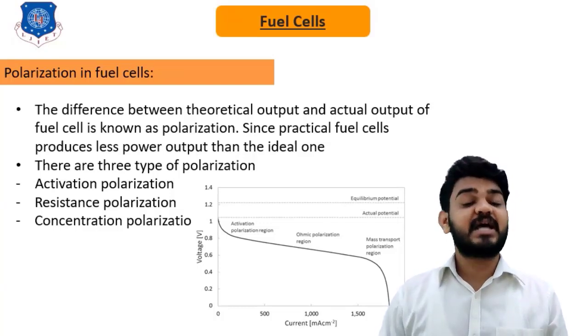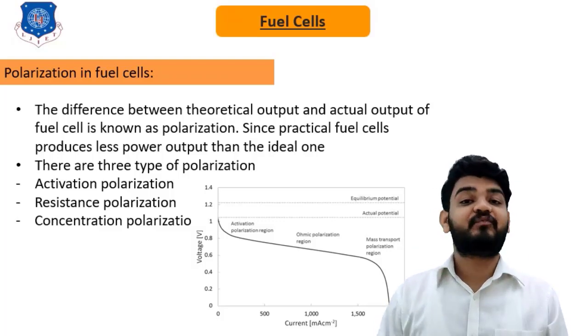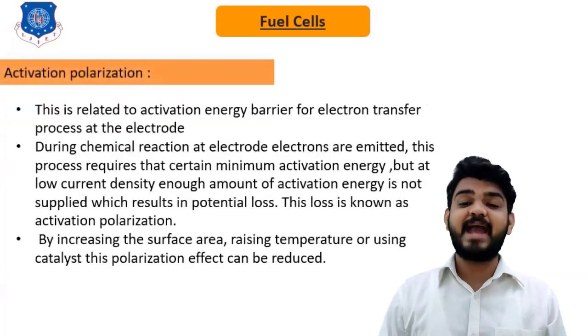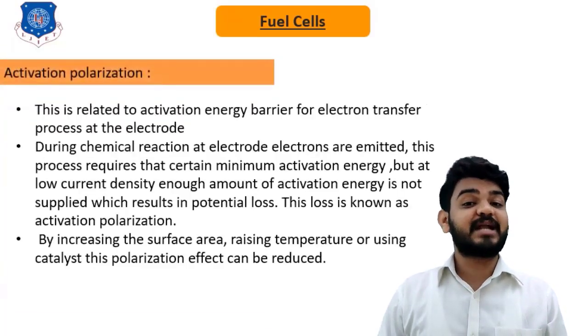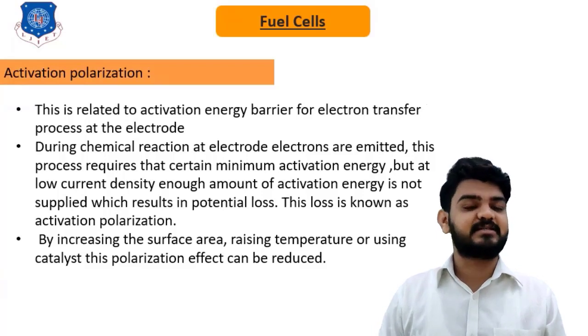So now let's understand what is the activation polarization. Well, this is related to the activation energy barrier for the electron transfer process on the electrode. During chemical reaction, the electrons are emitted from the electrode, and this requires a minimum amount of activation energy.